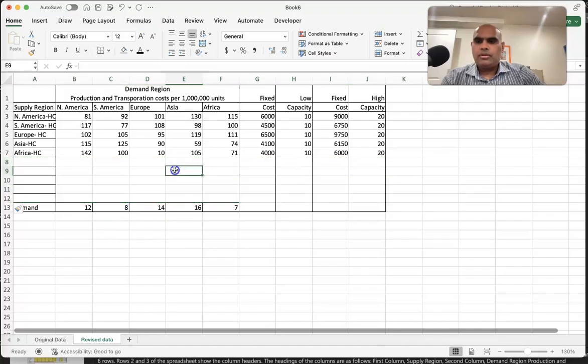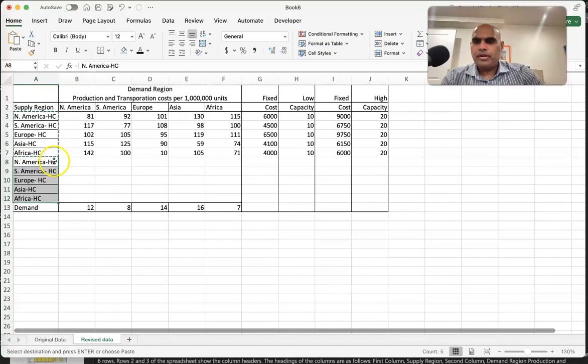Right? Good. I'm going to copy this over. Actually, you know what? Let me do low capacity on top. Low capacity, low capacity, low, and low there. Okay, so these are going to represent my potential supply regions if I open a low capacity plant. These are my potential supply regions if I open a high capacity plant.